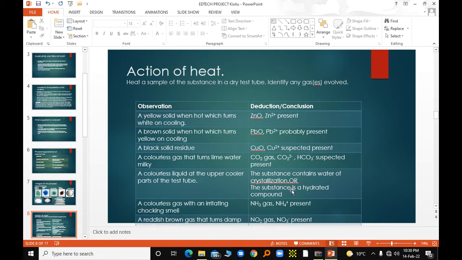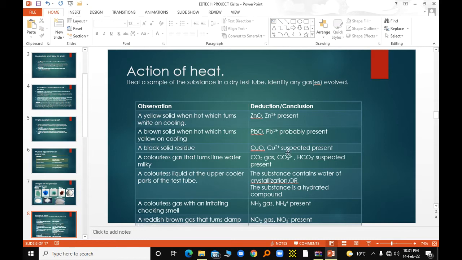That's what we suspect. Next is a brown solid when hot, which turns yellow on cooling. That is lead 2 oxide, and lead 2 ions are probably present. We don't mind about the oxygen. We just need the cations. A black solid residue is copper 2 oxide, and you say copper 2 suspected present.